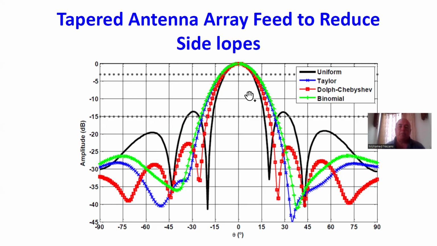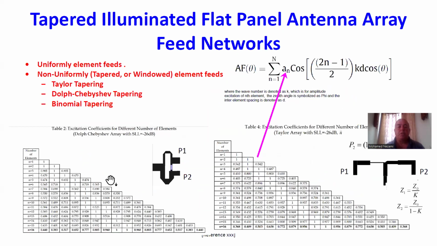So you can actually shape the antenna beam so that you can get rid of the side lobes using these coefficients. And these coefficients are tabulated, well established, and you can find them in antenna books and on the internet. So basically, you get the number of elements and you get the coefficients, which dictate what the voltage amplitude on every antenna has to be.